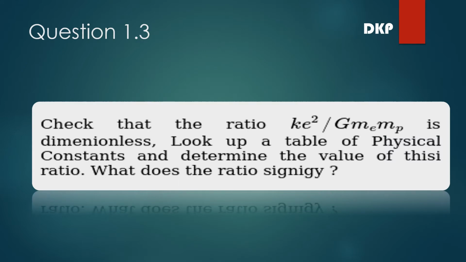What is the second part of the question? Look up a table of physical constants and determine the value of this ratio. What does the ratio signify? Let us see the solution for this. Ke square upon Gmemp is equal to, the value of K is 9 into 10 to the power of 9.